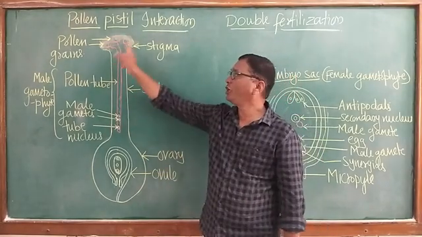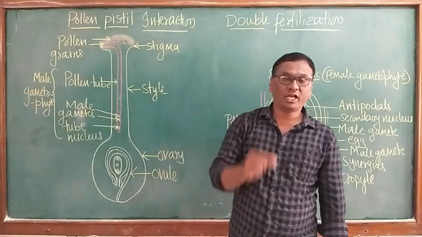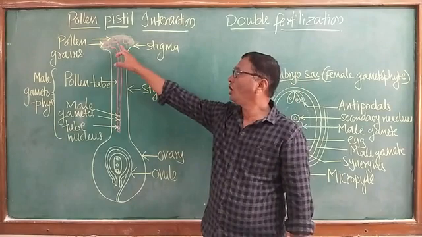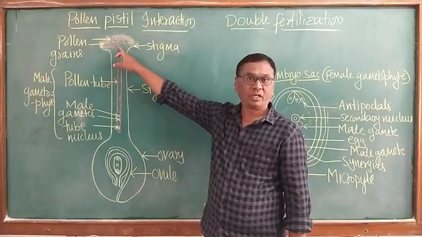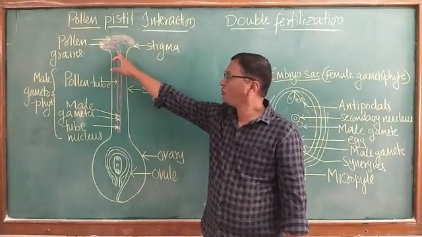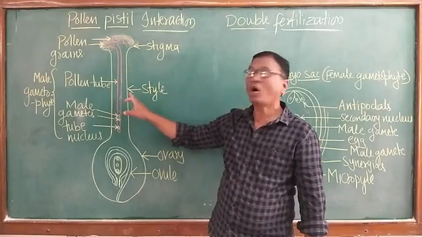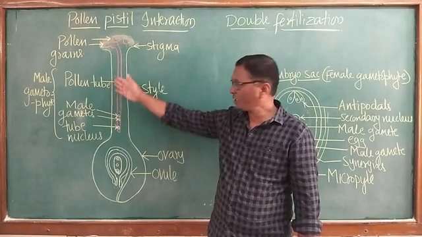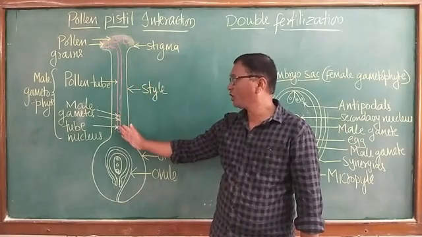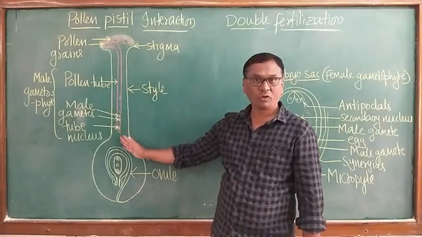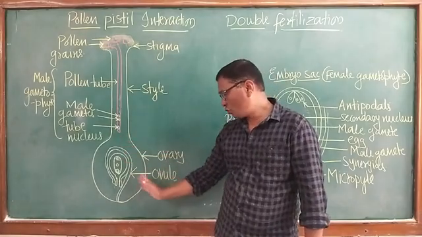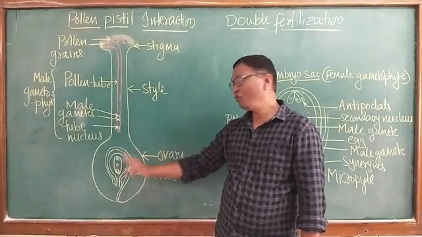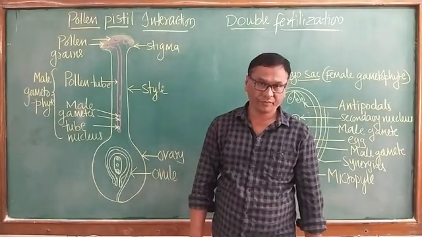Now this pollen tube initially grows or develops on the stigma. Then the path of the pollen tube is followed into the hollow style, and from the style, the movement of the pollen tube takes place towards the ovary and the ovules in the ovary.